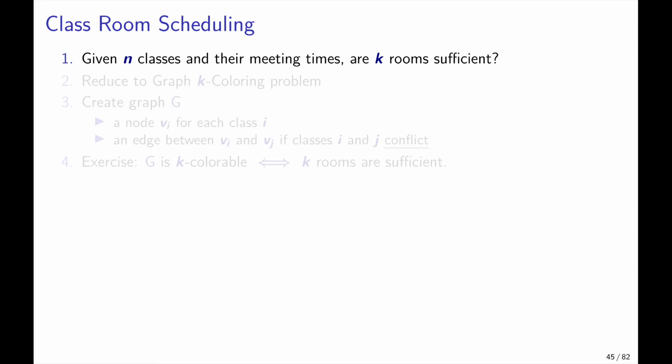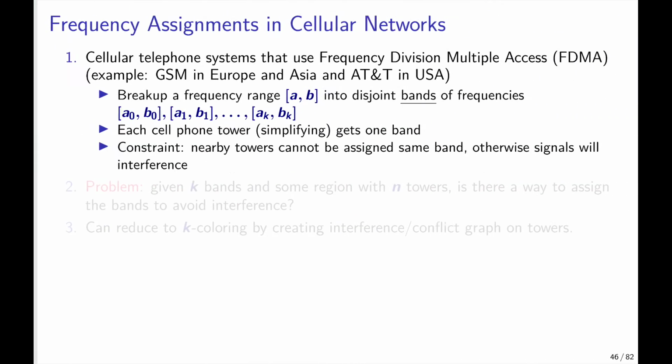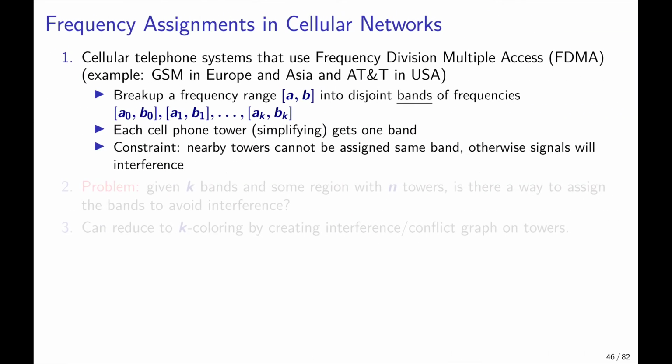And then you want to do coloring, and the coloring would correspond to what rooms to use, right? Where no two classes that are in conflict can be in the same room. So this is a classical, and this is kind of the standard thing, right? A lot of problems that arise are problems about resource allocation and taking conflict into consideration.